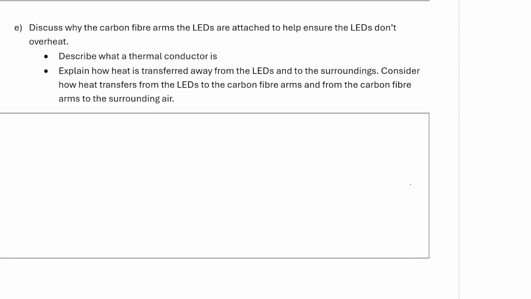Describe what a thermal conductor is, and then explain how heat is transferred away from the LEDs to the surroundings. Okay, so let's start with the thermal conductor. What is it? I mean, it conducts heat, right?